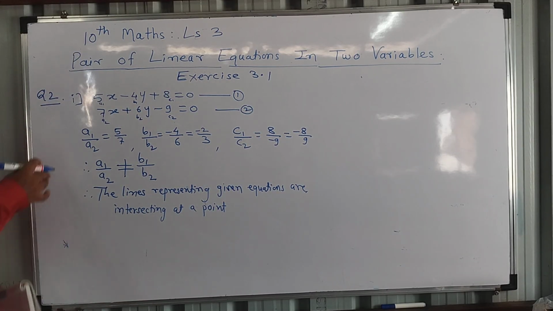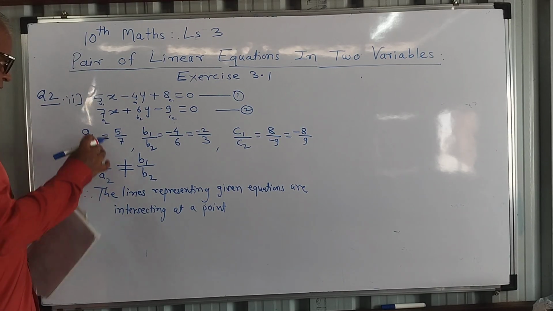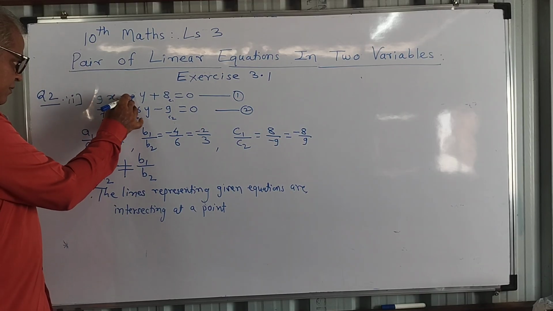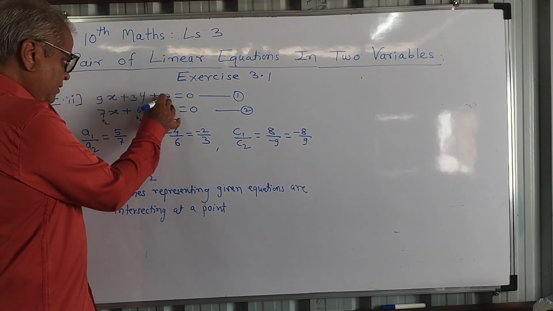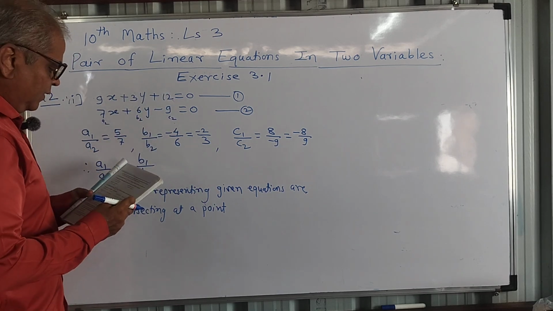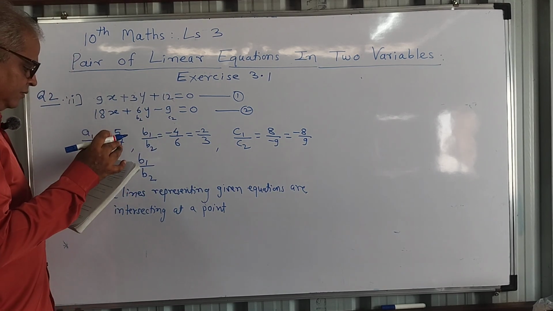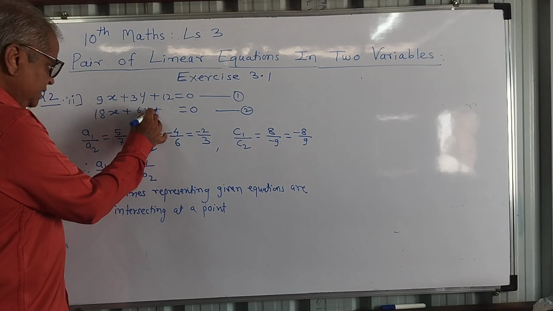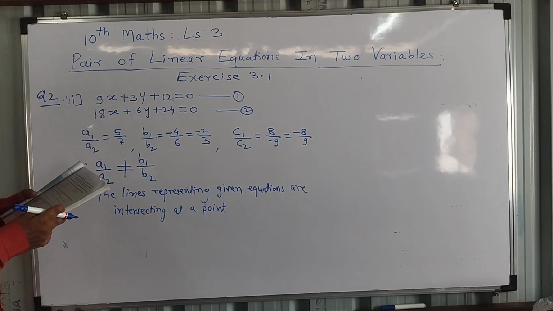Question number 2, sub question 2. 9x plus 3y plus 12 is equals to 0. 18x plus 6y plus 24 is equals to 0.